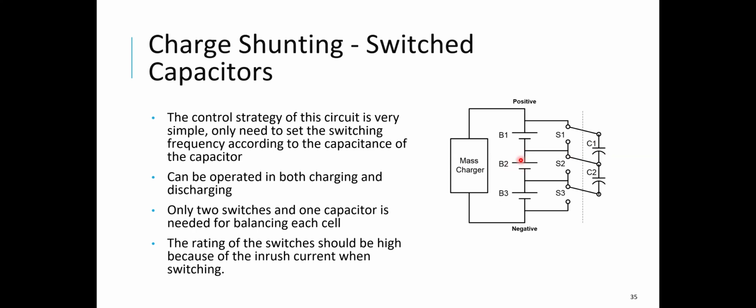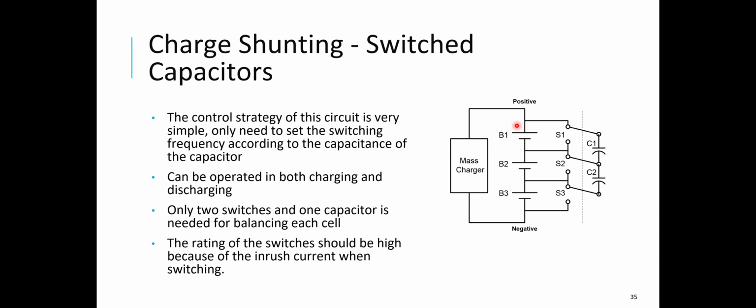Important point, battery voltage is very stable, and a battery capacity is many orders of magnitude larger than the capacity of the capacitor. So the capacitor voltage can change very quickly with a relatively small charge, while it takes quite a bit of current to change the voltage of the battery.